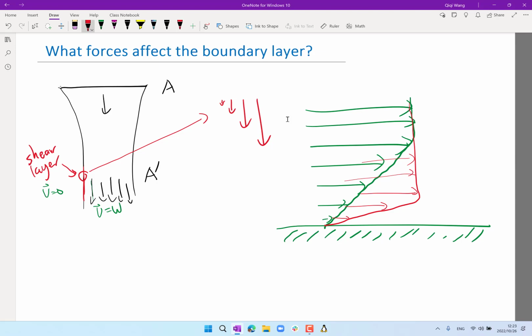In particular, the pressure gradient in the wall normal direction is actually not that important, because remember the boundary layer is very thin. If you zoom in at this scale, the curvature of the airfoil would look like zero. It's almost like looking at the curvature of Earth when you are on the human scale.